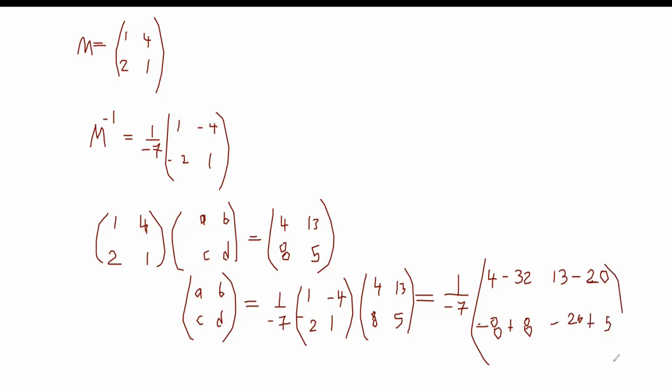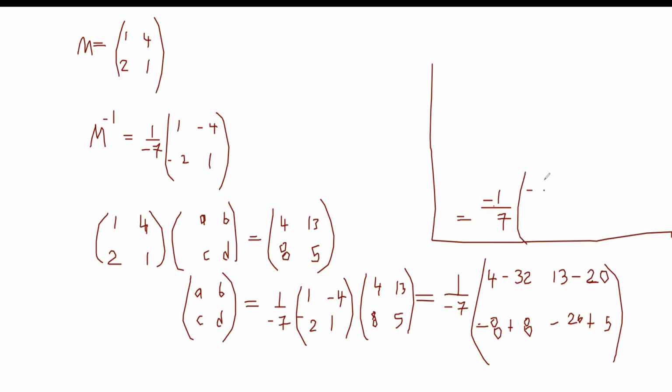So now we're going to continue, just switching pages for space. This works out to be equal to minus 1 over 7 times 4 minus 32, that's negative 28, and then 13 minus 20, that's negative 7.